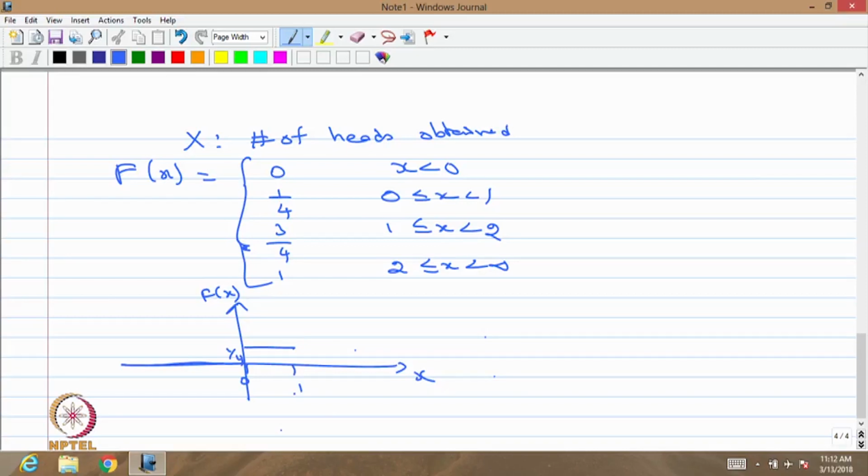At the point 1 there is a next jump, the value at the point 1 is 3 by 4. So, the jump value is 3 by 4 minus 1 by 4, so 1 by 2. At the point 2 there is another jump of 1 by 4.